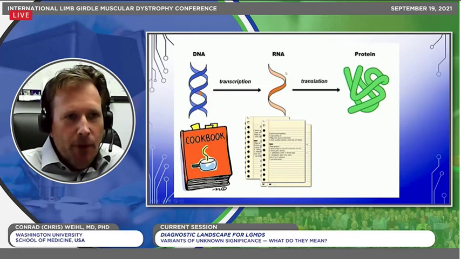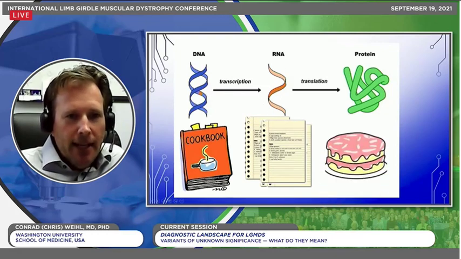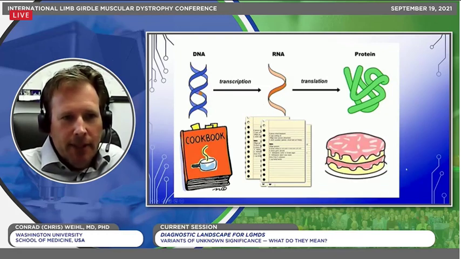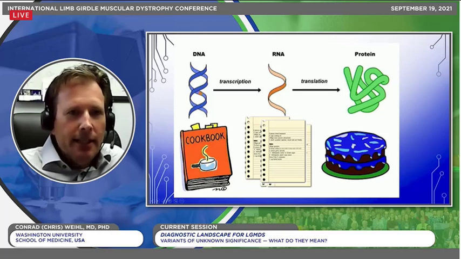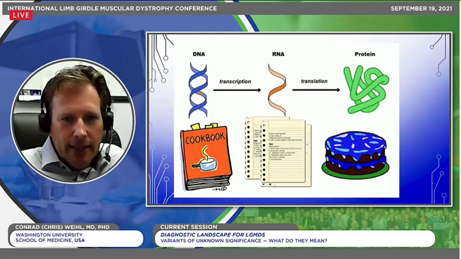It's transcribed multiple times, and that allows us to make the recipe, in this case, a cake. Sometimes we get a variant or a mutation in this recipe that makes us make a different type of cake. And I want to point this out because we didn't not make a cake. We still made a cake, but in this case, the cake looks a little bit different than the previous cake.